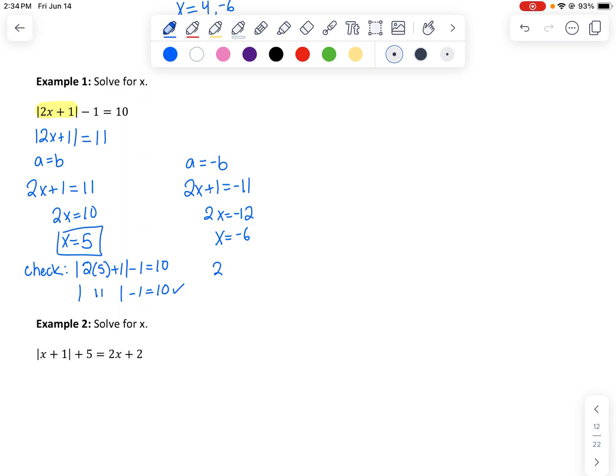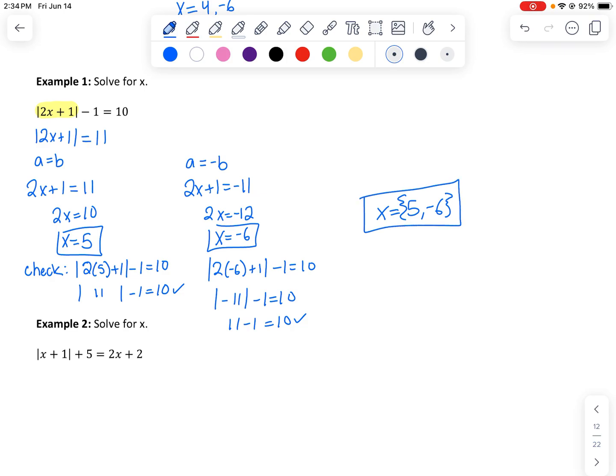And then here we would have the absolute value of 2 times -6 plus 1 minus 1 equals 10. So I would have the absolute value of -12 plus 1, so -11 minus 1 equals 10, or 11 minus 1 equals 10. So that also works. That means that we have two solutions. We could leave them separate, or we could write them as x equals 5 and -6, and you'll usually actually see solutions in brackets as a set.